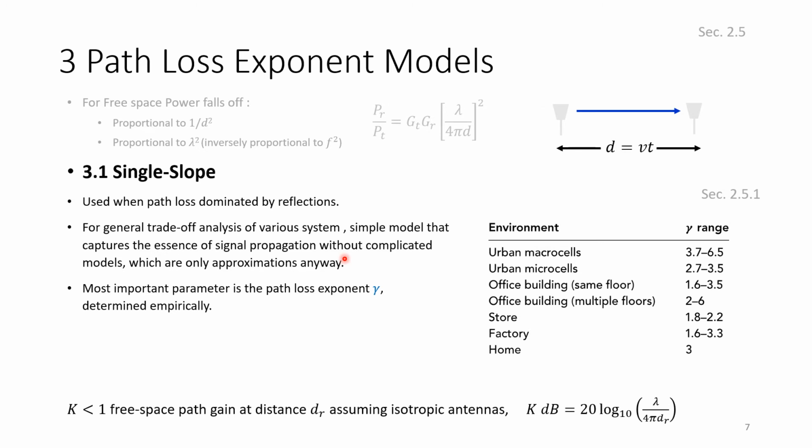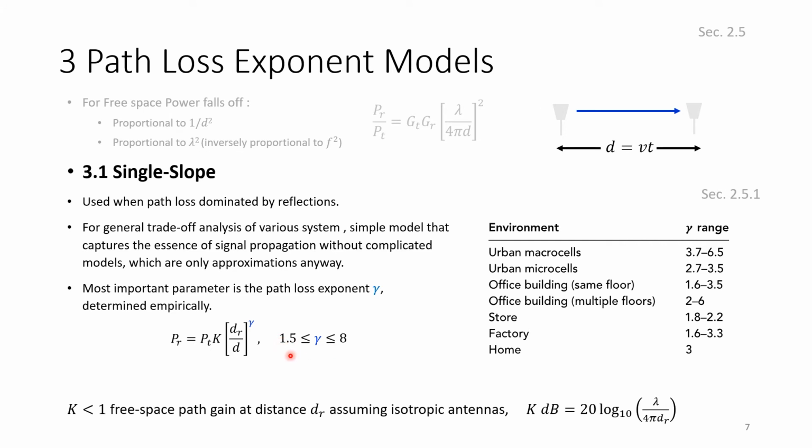The most important parameter in this model is the loss exponent. We're not going to say this is 2, we're going to make it gamma. They're very comparable, but we're going to call the exponent gamma now. Usually it's between 2 and 8, but it could be less than 2.